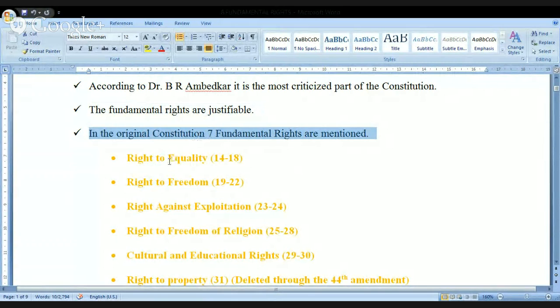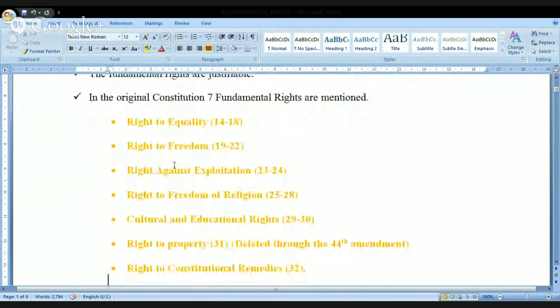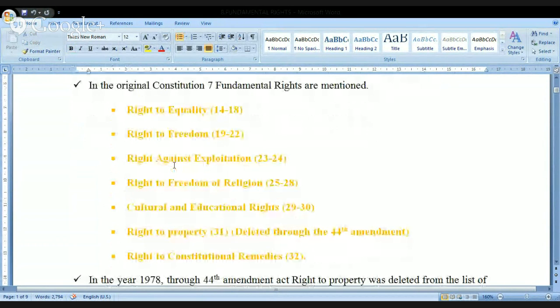Now, look at this. I want you to remember all these things from the examination point of view. Why is it important? Number 1, this is important with respect to the main examination. You may be asked to explain about each and every one.